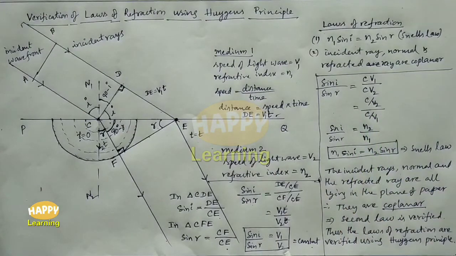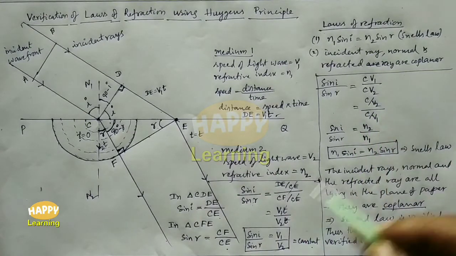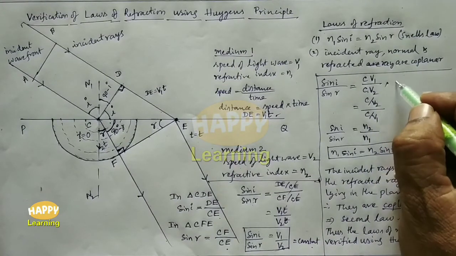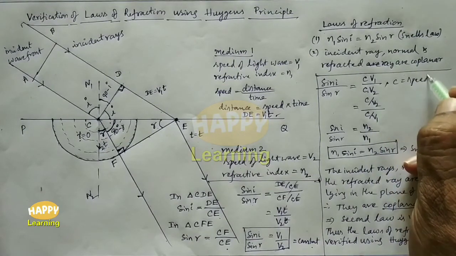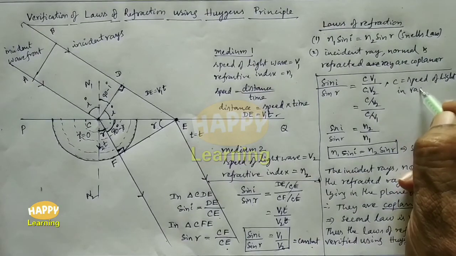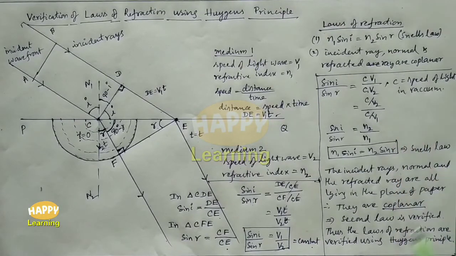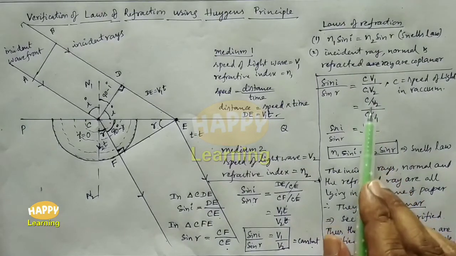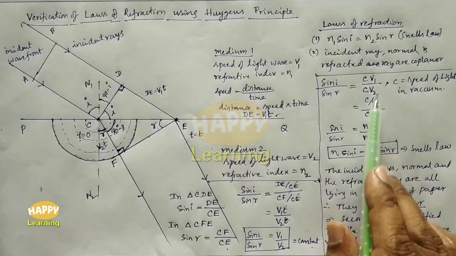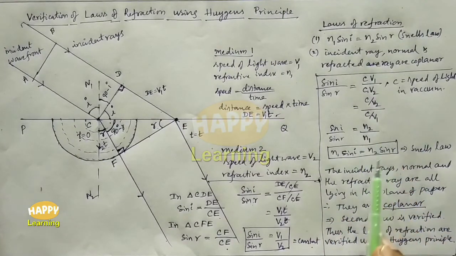Sin I by sin R is equal to this formula. In this formula, I have multiplied the numerator and denominator with c, where c is the speed of light in vacuum. So this can be rewritten as c by v2, and this v1 is taken into the denominator, so c by v1.